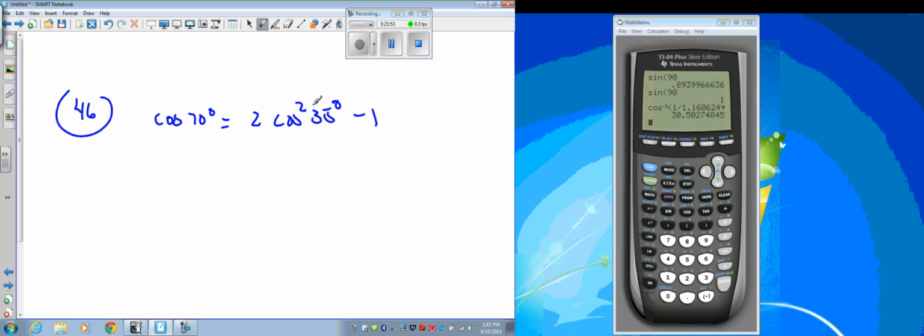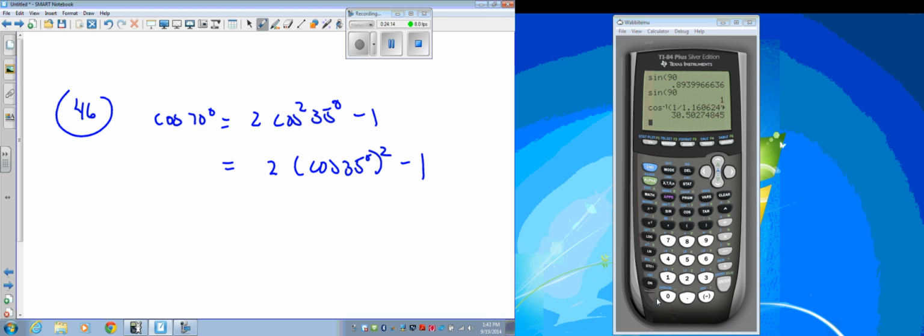Now, whenever it's in here, if it's a minus 1, then it's the inverse. But if this is squared, it's a different thing.